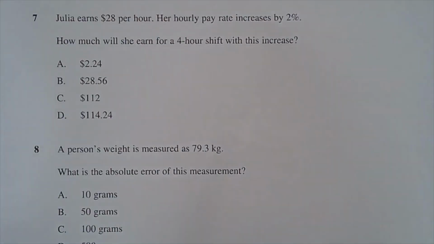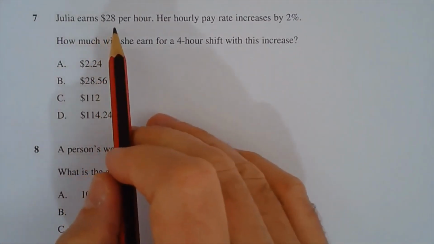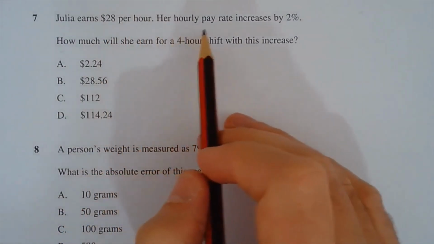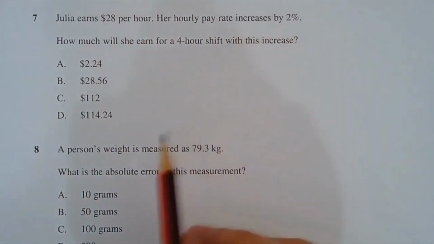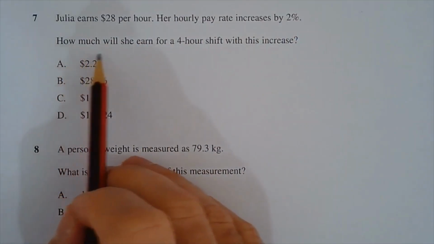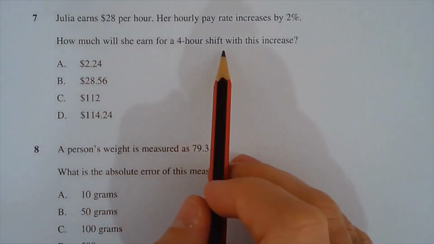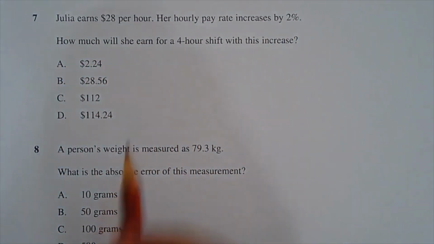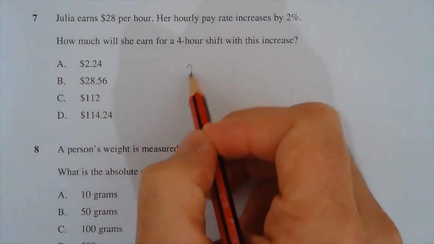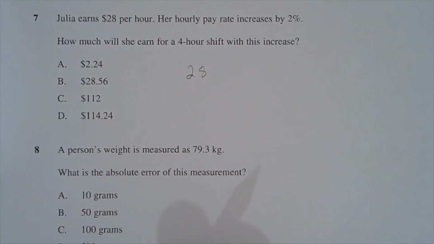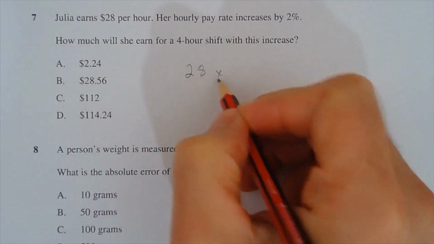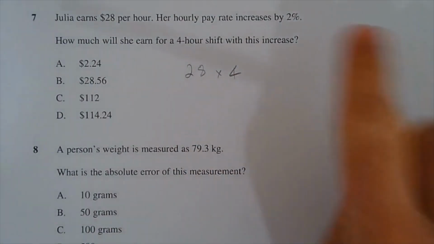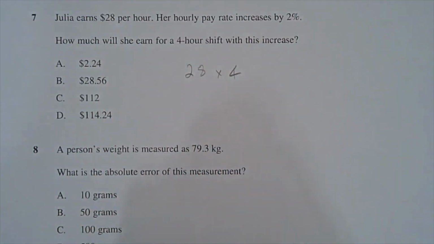Question 7. Julia earns $28 per hour. Her hourly pay rate increases by 2%. How much will she earn for a 4-hour shift with this increase? So let's see how much she earns currently. $28 per hour. She works for 4 hours, but her pay is going to increase by 2%.